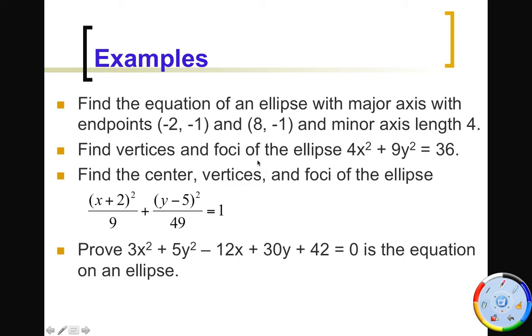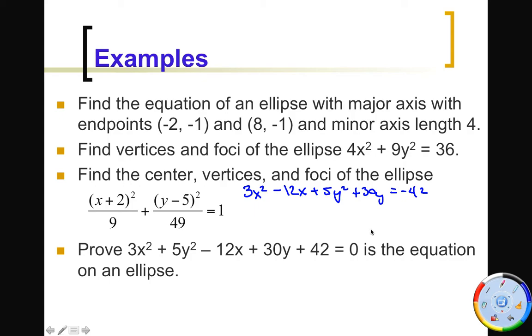I'm going to say I have 3x squared minus 12x, plus 5y squared plus 30y equals negative 42.